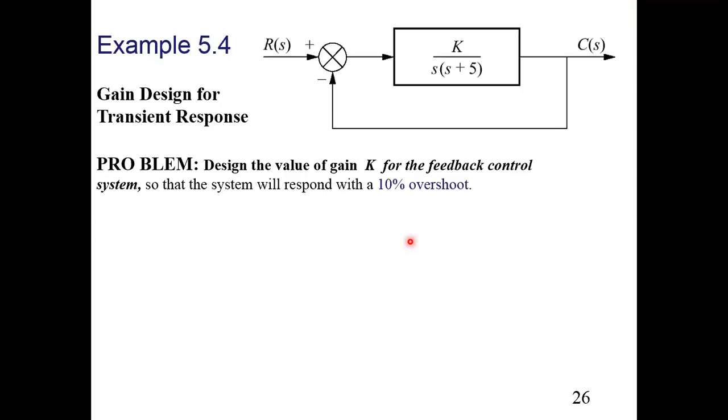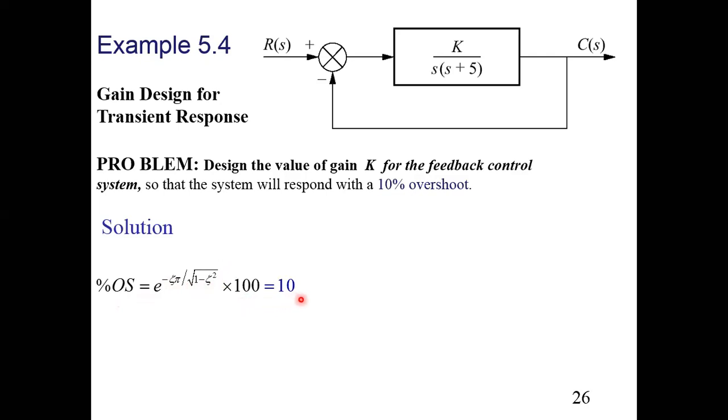We have to design our system so that it will respond with 10% overshoot, and we have to find the value of K. So our first step is that we know the formula of percentage overshoot, that is e raised to the power minus zeta pi divided by square root of 1 minus zeta square, multiplied with 100.